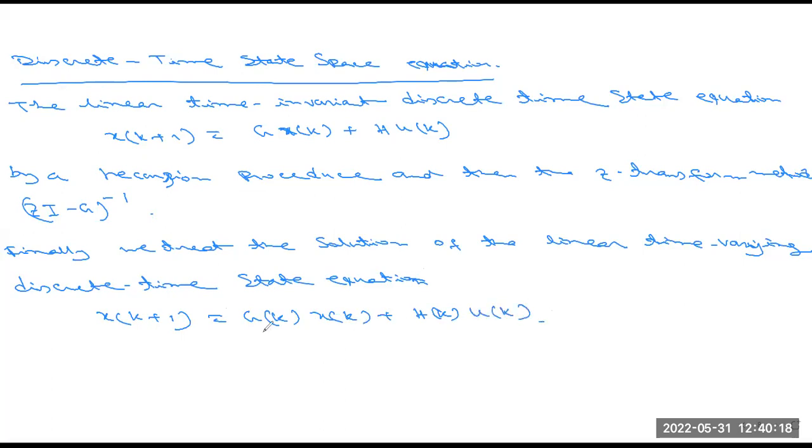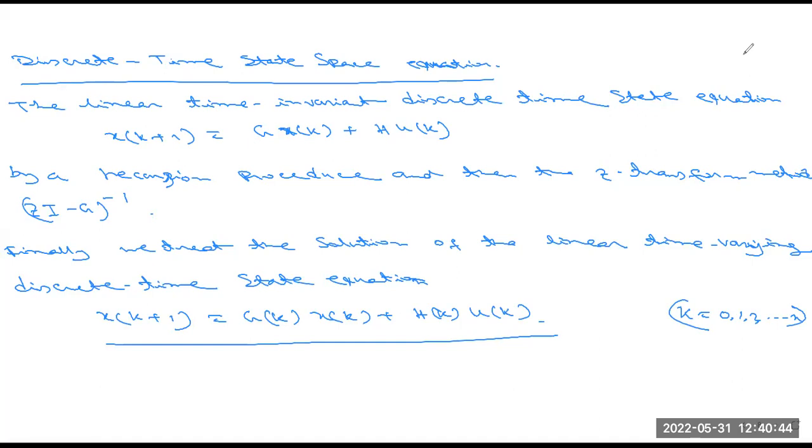So this is basically the discrete time state equation. Here you know that this k also changes over different ranges, that is 0, 1, 2, up to positive infinity, that is n number of terms. Okay, so this is basically the discrete time state equations.